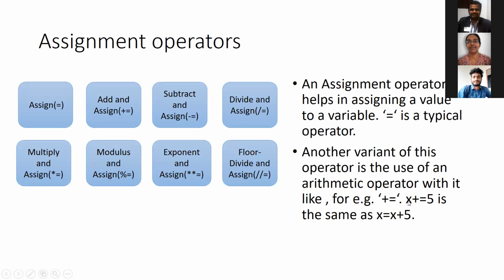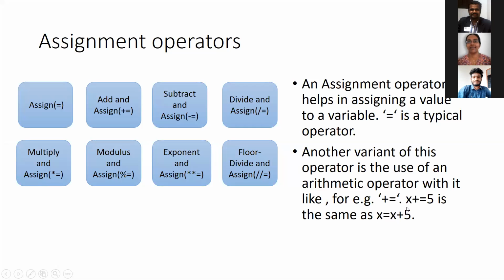What it does is it uses x two times. Now x plus equal to 5 is actually the same as x equal to x plus 5. This variable x may have a value previously. So now you are adding 5 to that previous value and assigning it to x again.